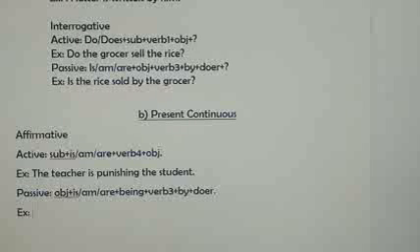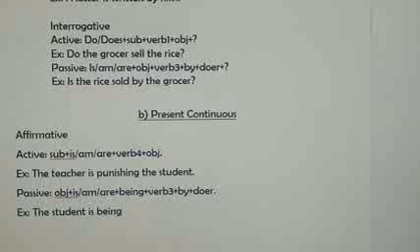Okay, let's see the example, my dear children. In this sentence, the object will be the student. So let me write the student, and now the student is singular, so I will use the auxiliary verb also singular, is. The student is. After that I need to write being.